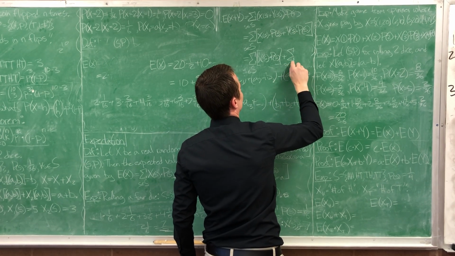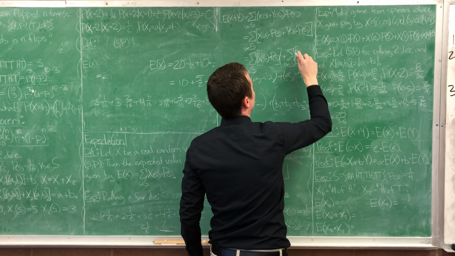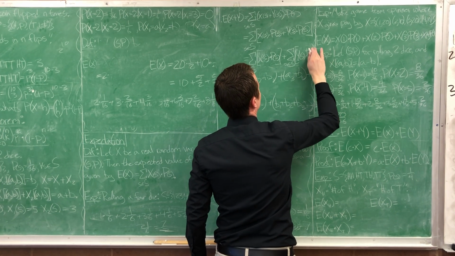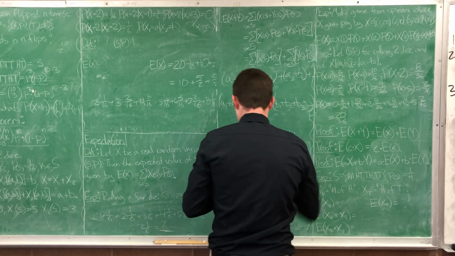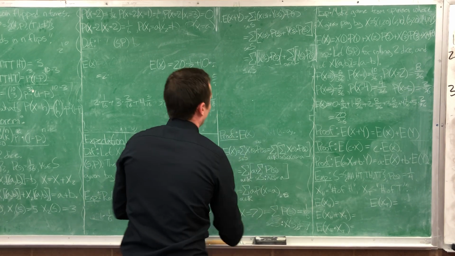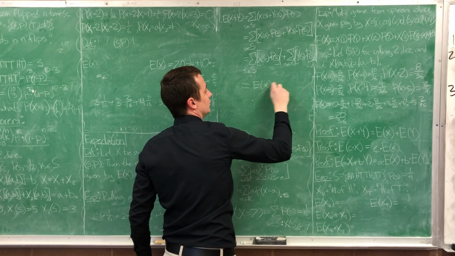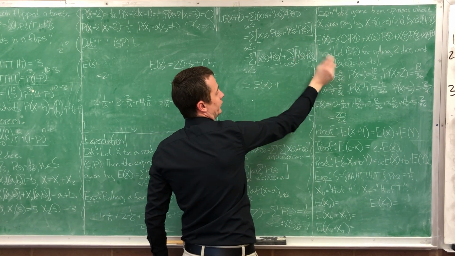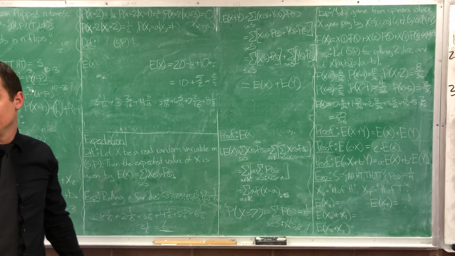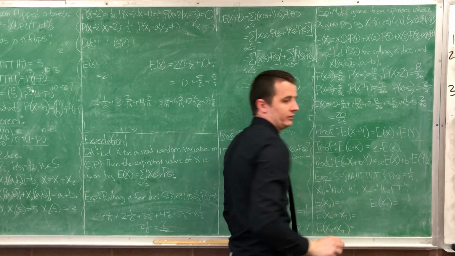For every little s in big S of y of s times p of s. Now this right here is the exact definition of the expected value of x, and this right here is the exact definition of the expected value of y. See that? So that proves that the expected value of x plus y is equal to the expected value of x plus the expected value of y.